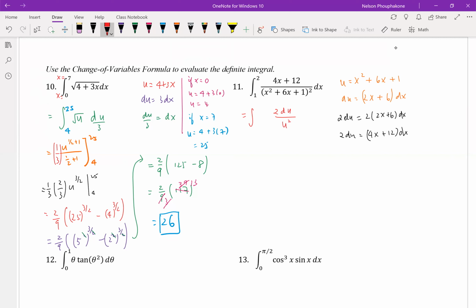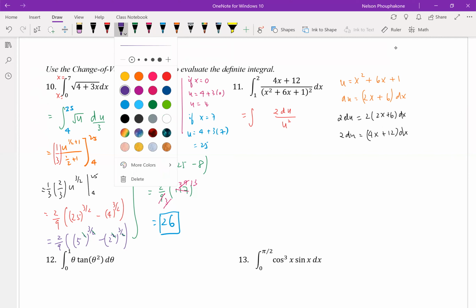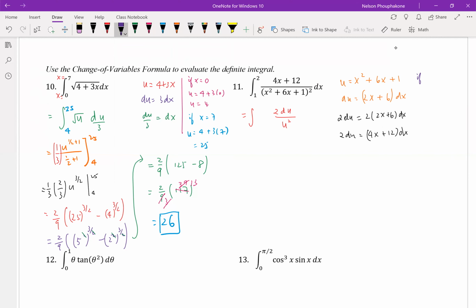Okay, and now I am going to check my upper and lower limits. If x is equal to 1, then u will be 1 squared plus 6 times 1 plus 1, so it's equal to 8.